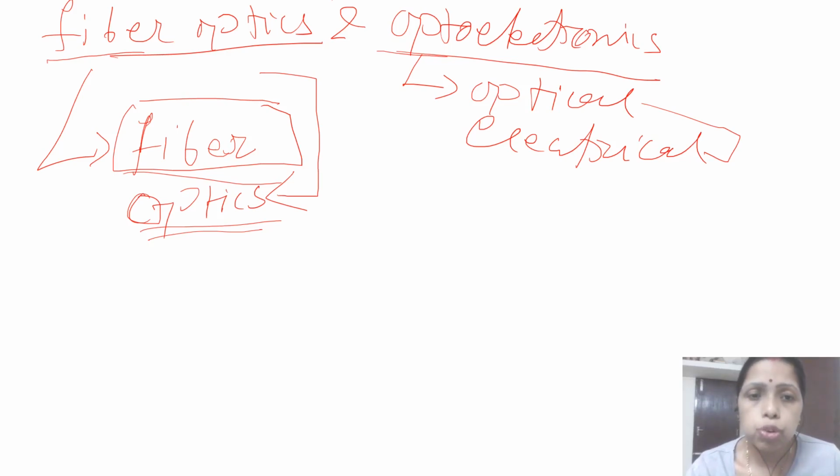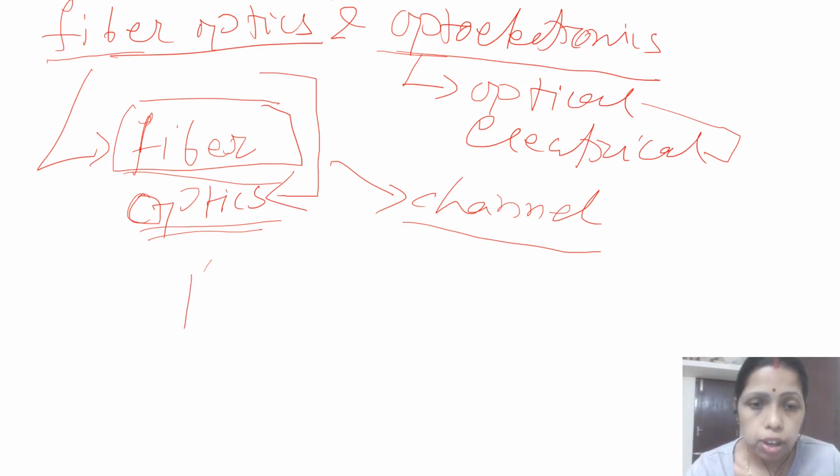Before going to the fiber optics, I told you it is one kind of channel. So what is a channel? Normally, the channel is used to transfer the signal.